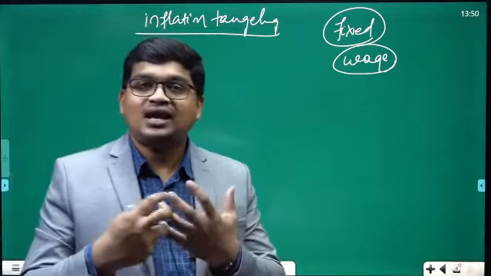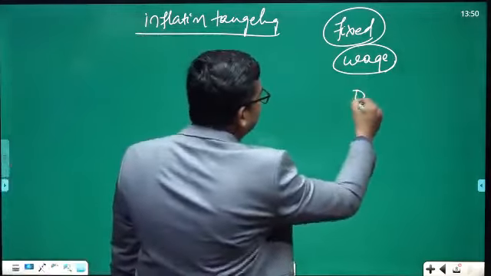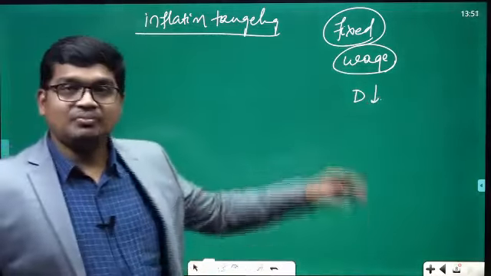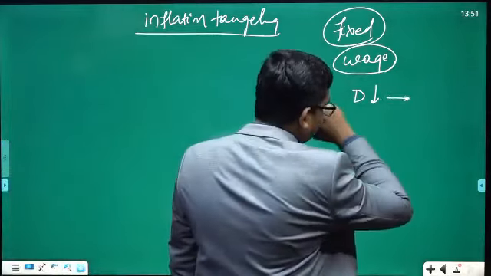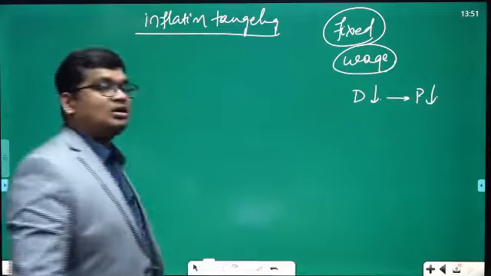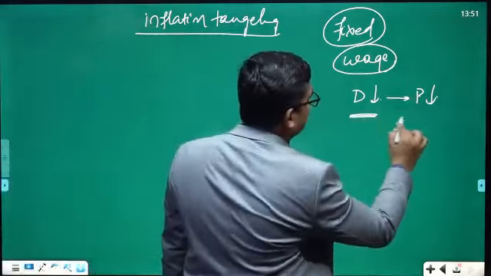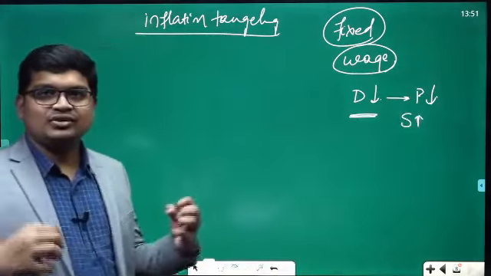With curtailed purchasing power, it will definitely reduce the demand or consumption of the people. When demand comes down, the production of the economy will also come down. How? Suppose demand comes down, but supply is there because you have already increased the capacity of your economy.